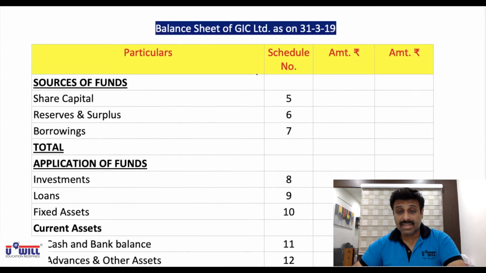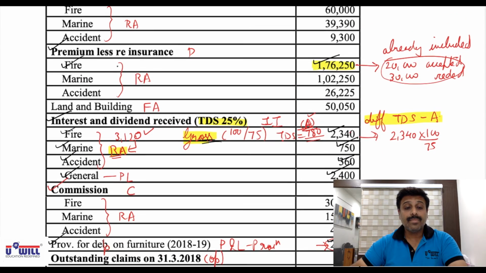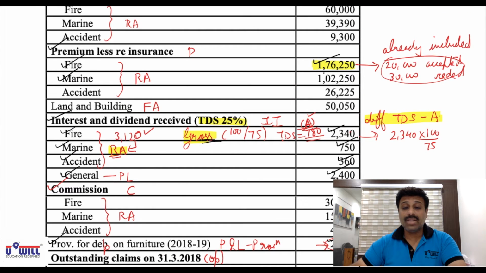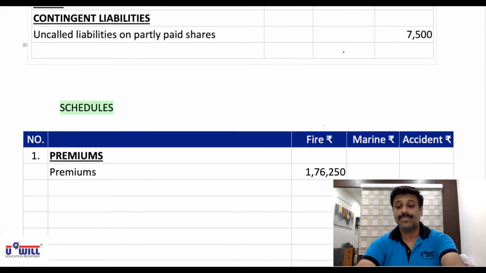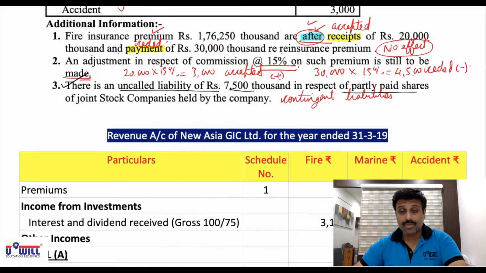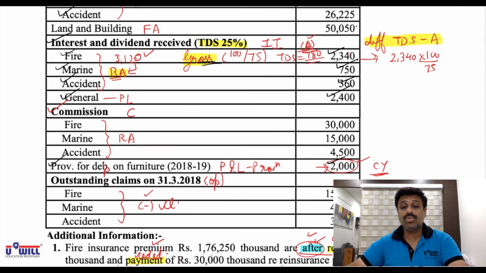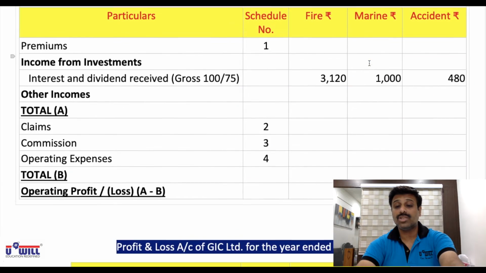Then after fire we have marine, 102250. Then after marine we have accident, 26225.